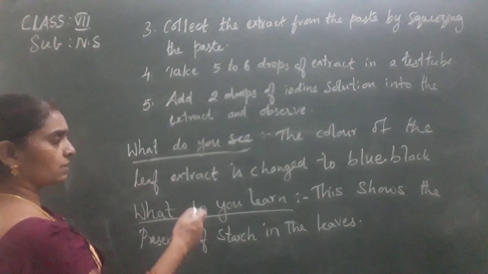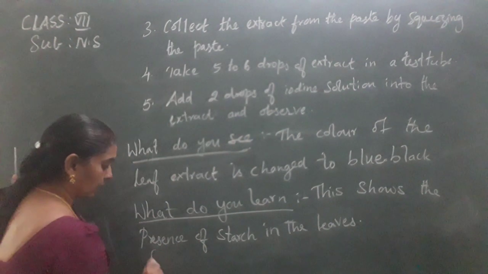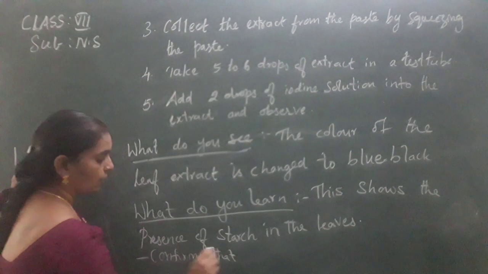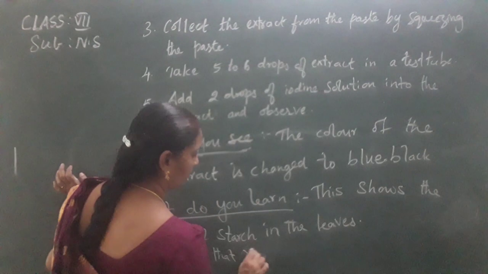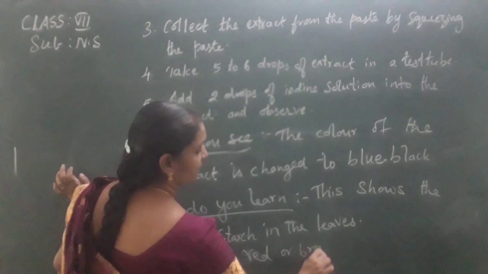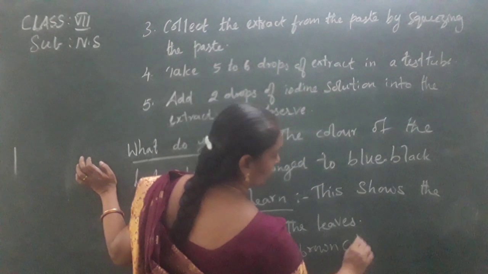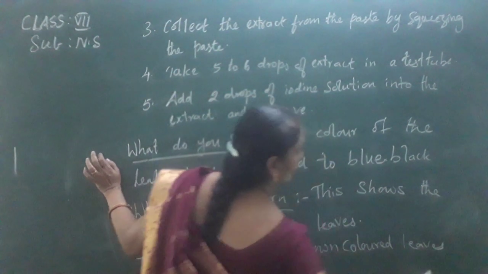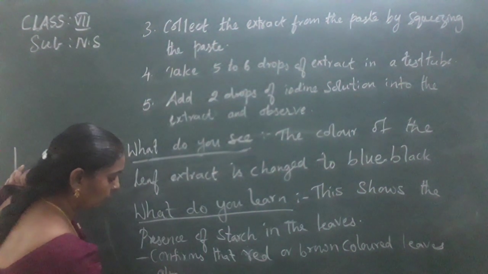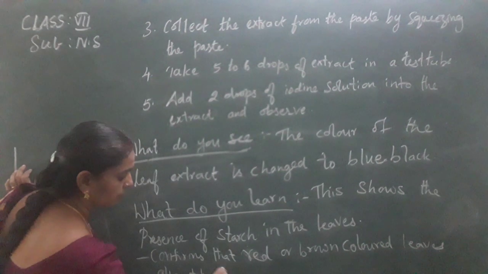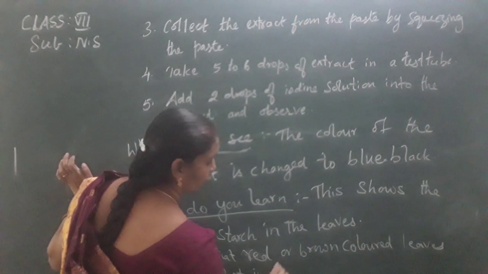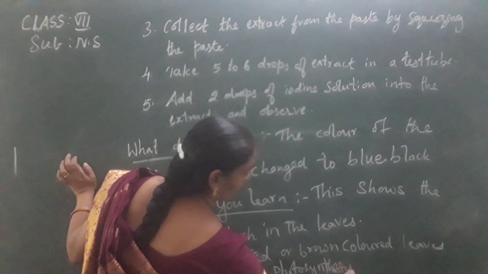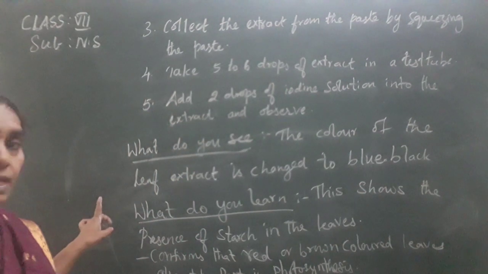So this confirms starch in the leaves and also confirms that red or brown colored leaves also take part in photosynthesis. This is the inference that we can make out through this experiment.